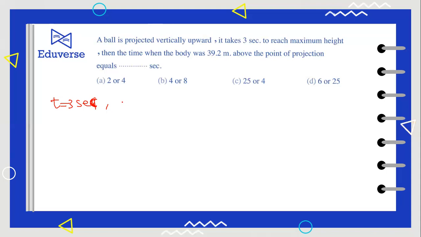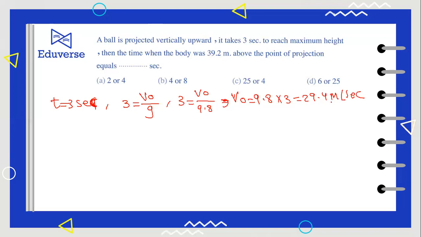I can use this rule: 3 equals V naught over G. The time to reach maximum height equals V naught over G. G is 9.8, the value of gravity. Then V naught, I can multiply 9.8 multiplied by 3, it will be 29.4 meter per second. That's the initial velocity of the body.